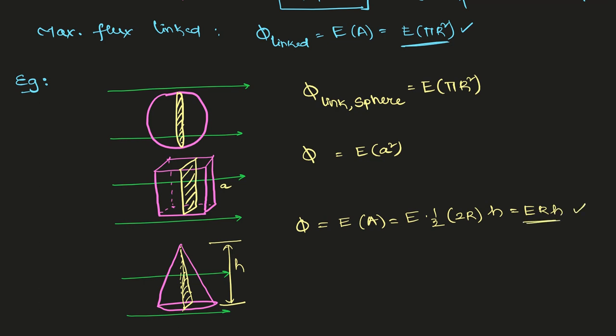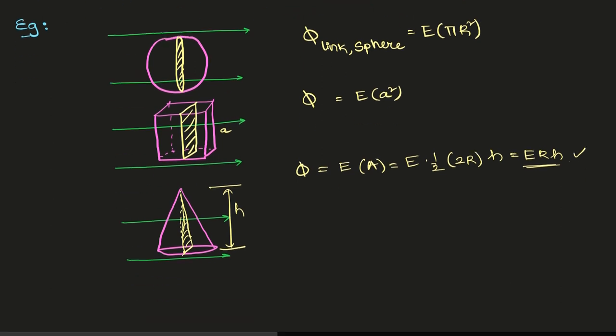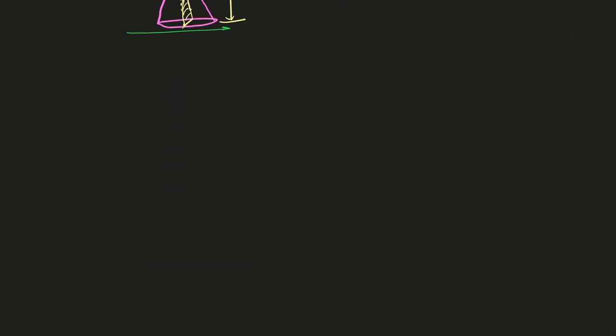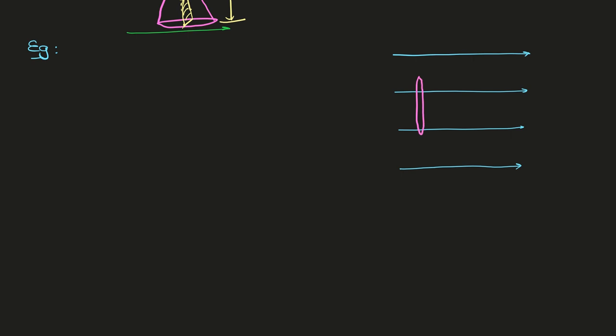So you can expect some questions like this. If they ask what is the maximum flux linked with that surface, you have to answer like this. And one more example is based on this particular model. Just look at this example. Suppose they give a uniform electric field, and in this region a hemispherical bowl is placed.